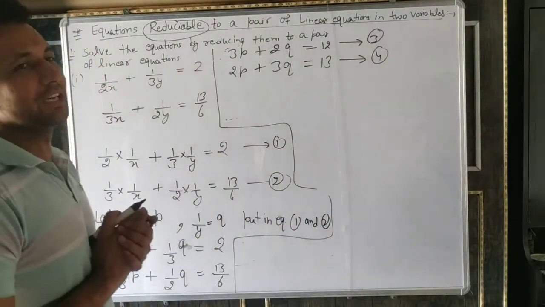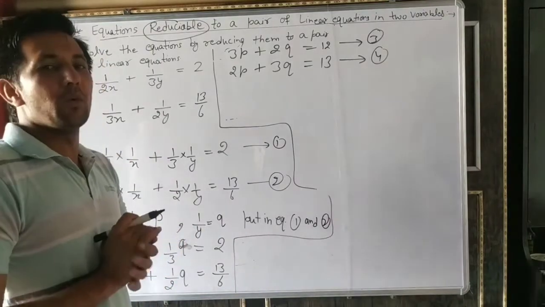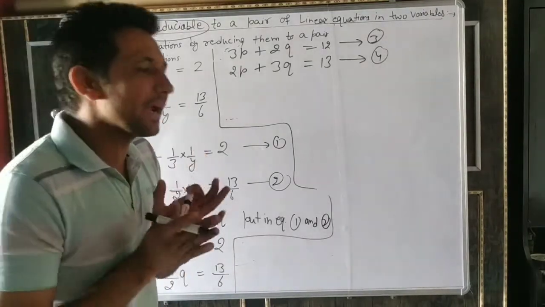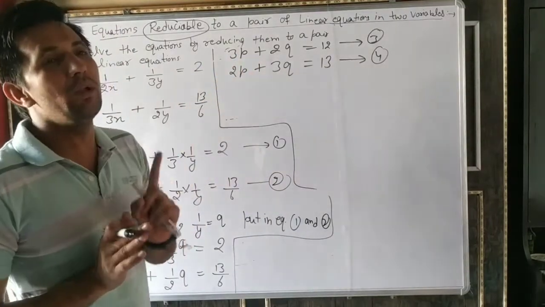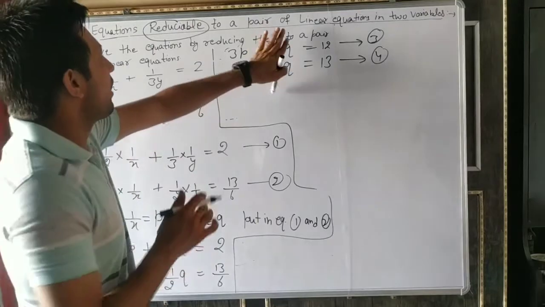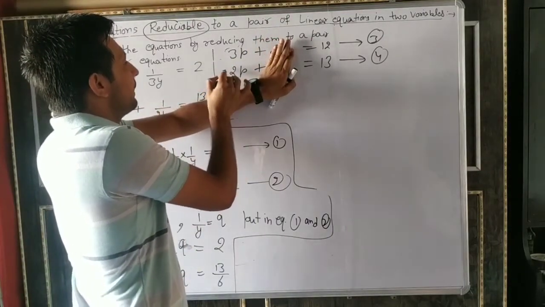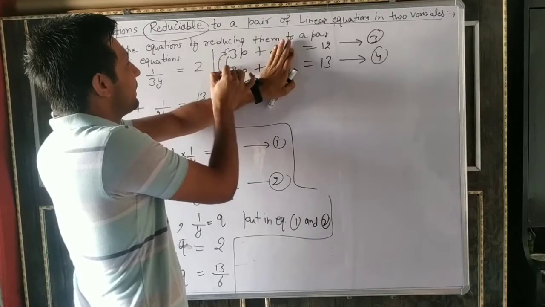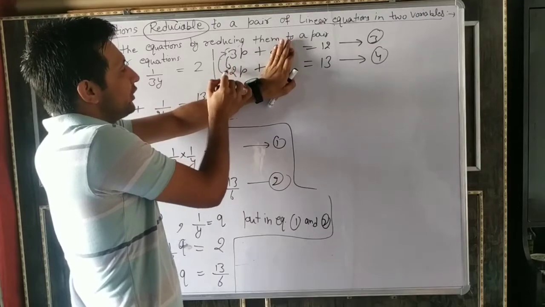Which method is the easy one? I think the elimination method. In the elimination method, what will we do? We will make the coefficient of one variable equal. How can you make the coefficients of p equal? If we multiply equation 3 by 2 and equation 4 by 3, because 2 into 3 is 6 and 3 into 2 is 6.